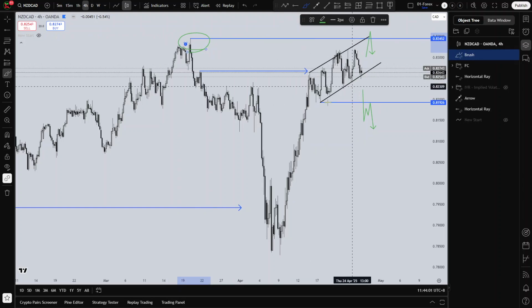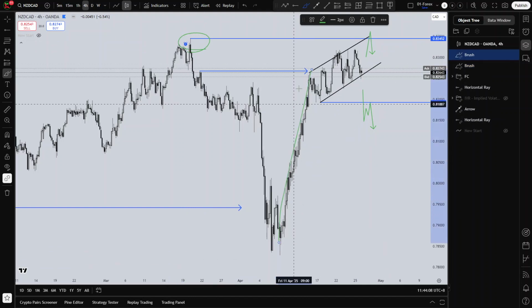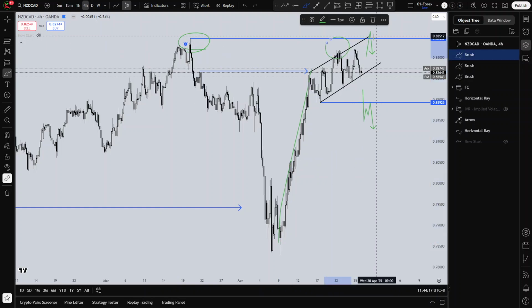We are in an ascending channel approaching the previous high to the left. We had a very nice impulsive move to the upside, and we then started to lose momentum.